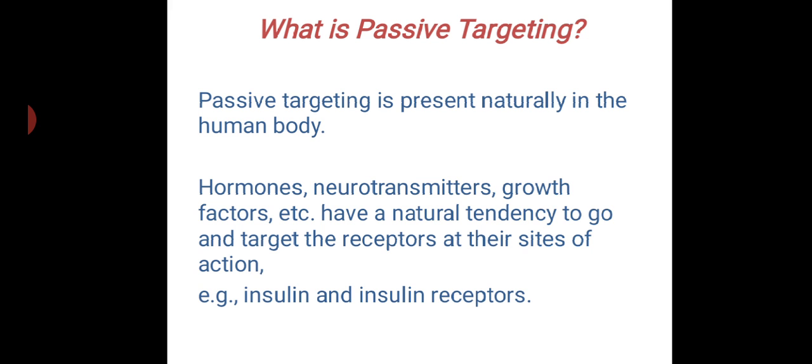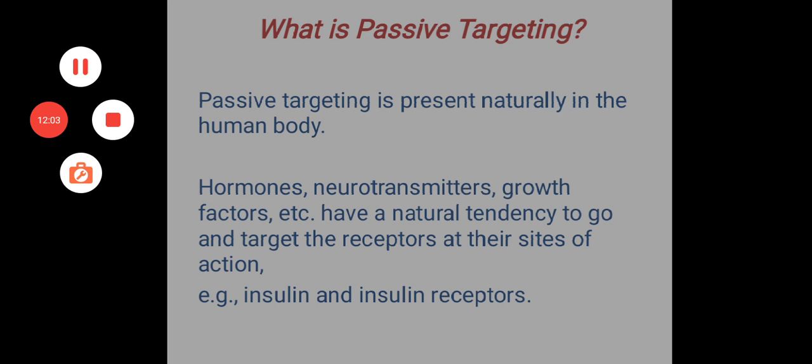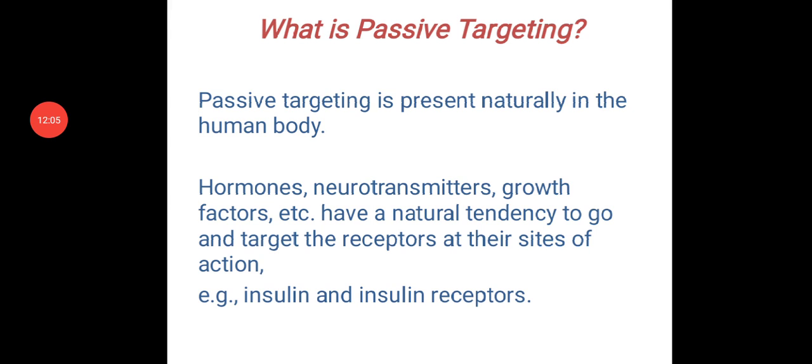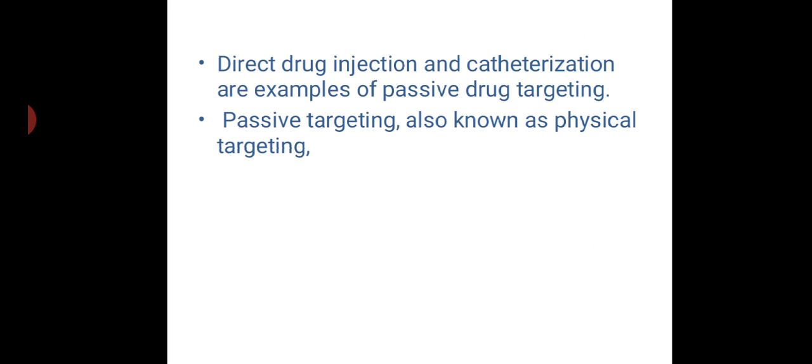It itself finds its target and binds with the target. An example of this is insulin binding with its insulin receptors. The direct drug injection or catheterization are examples of passive drug targeting.